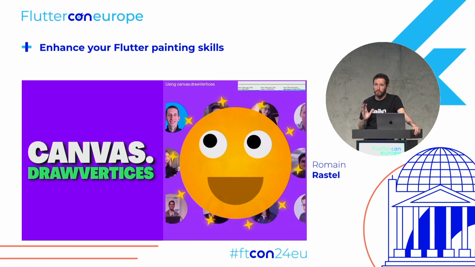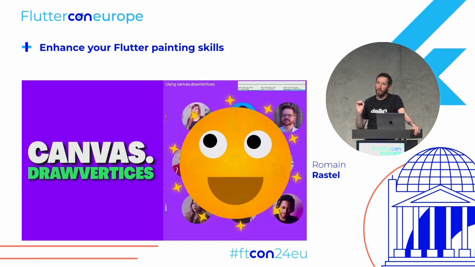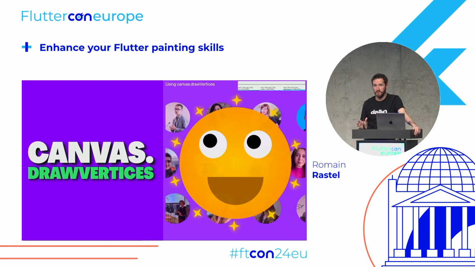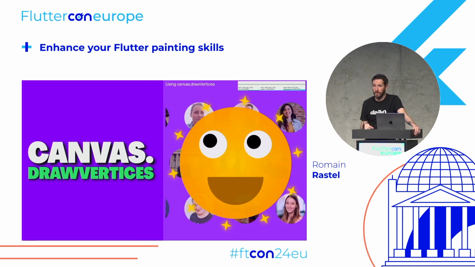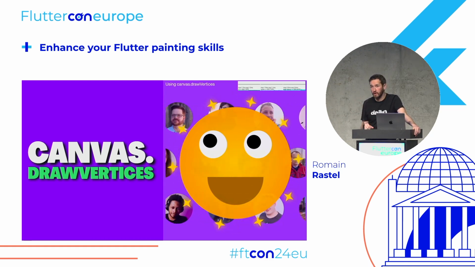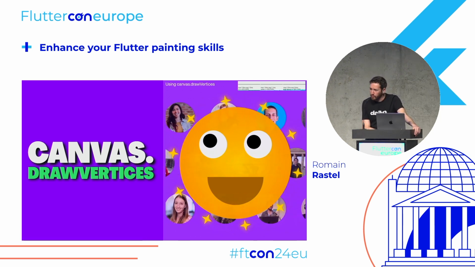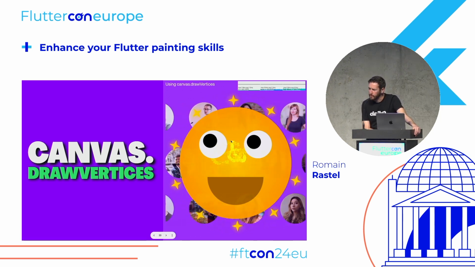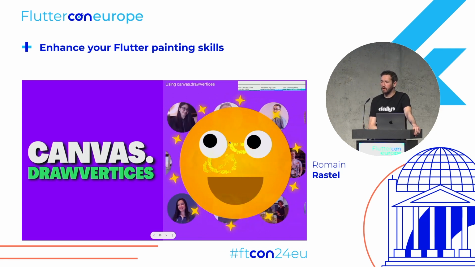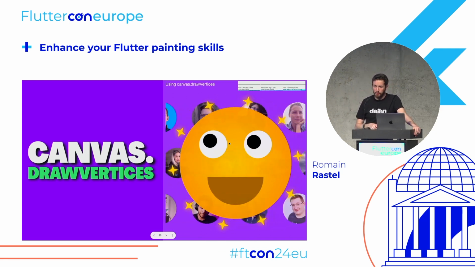In fact, Felix Rashek made a really great video about draw vertices, and if you want to know more, I highly recommend you watch it on YouTube afterwards. With draw vertices, we can see that it's really smooth.